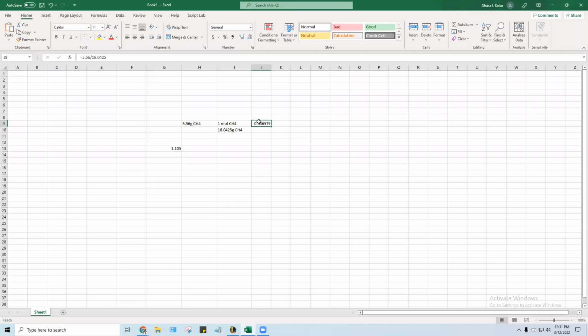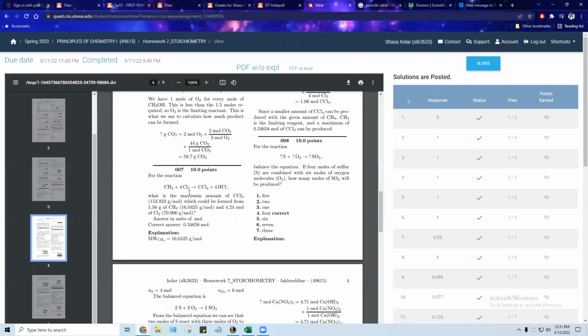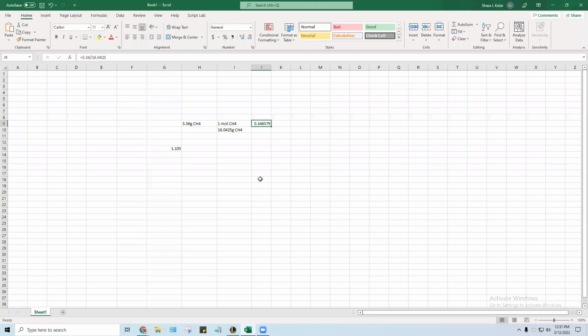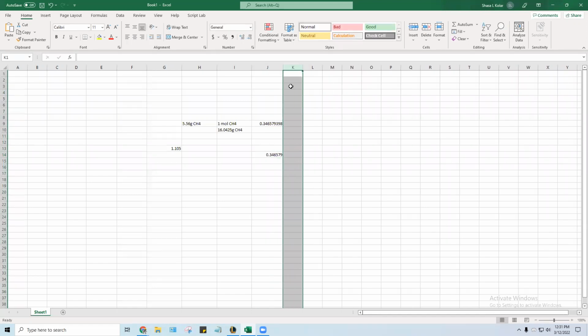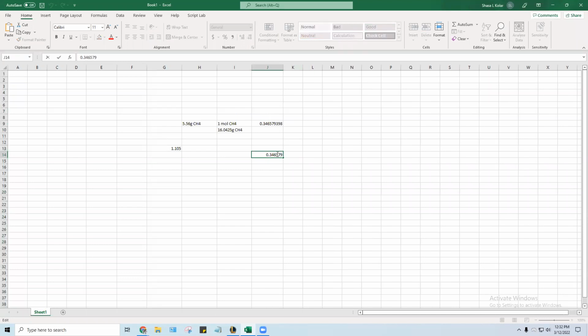We can see this is lower. That means that this is the limiting reagent of the reaction. So we're going to use 0.346579. You don't have to put in this many sig figs, but I like to, because it makes it a little bit more accurate.